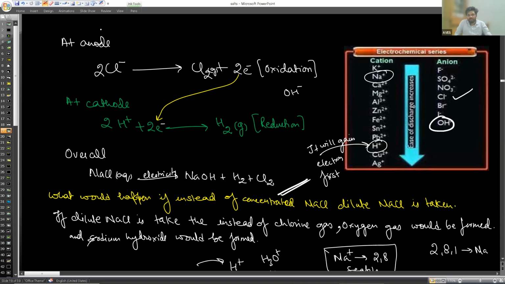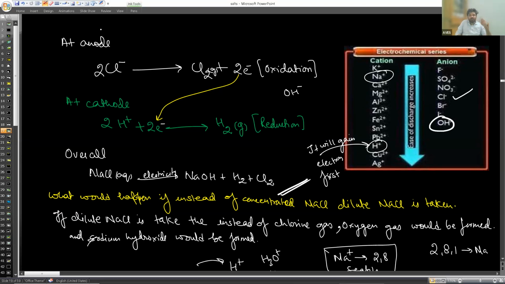Now, what I'm saying here is that, similarly, potassium is first for losing the electron, so this will be reversed in terms of gaining the electron. Potassium will be the last to gain the electron.